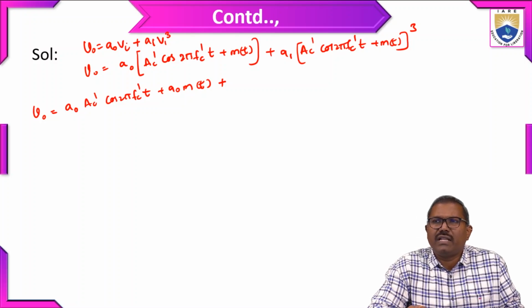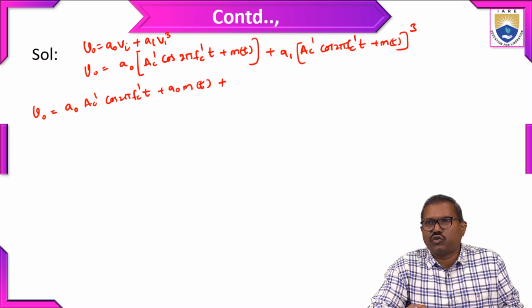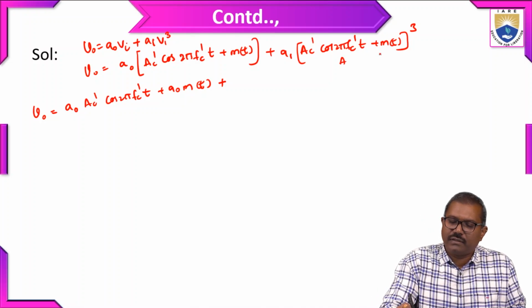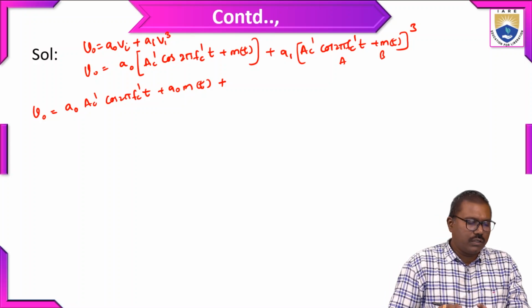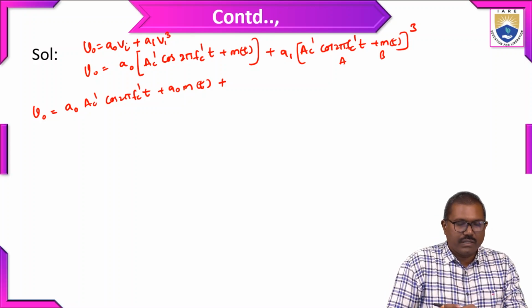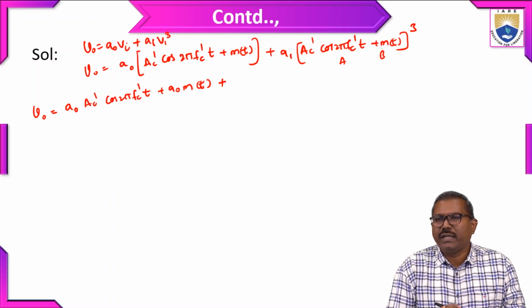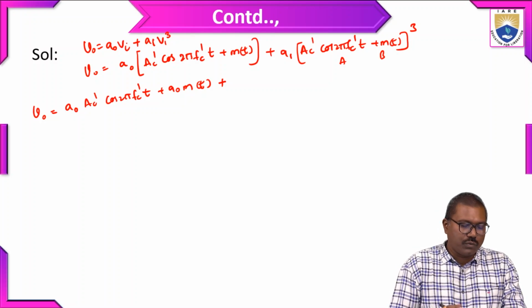Here A value is AC dash cos 2 pi FC dash T plus B value is M of T. So it is in the form of A plus B whole cube. So what is the formula? A cube plus 3A square B plus 3AB square plus B cube.